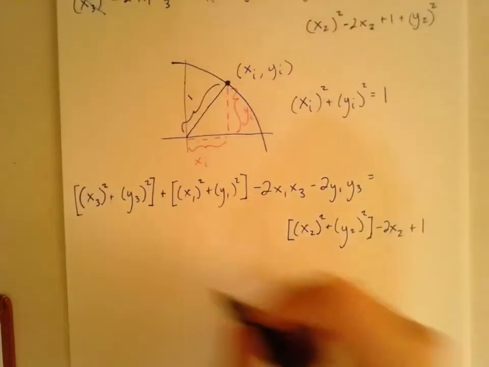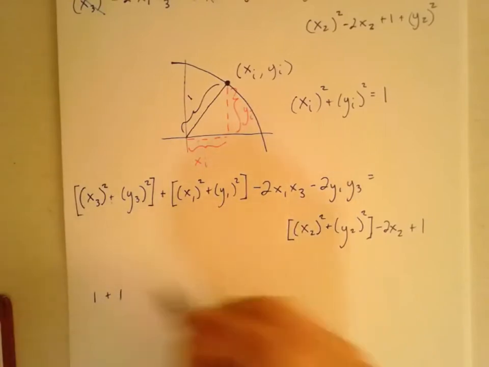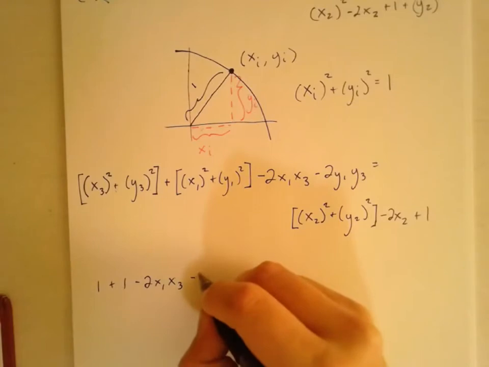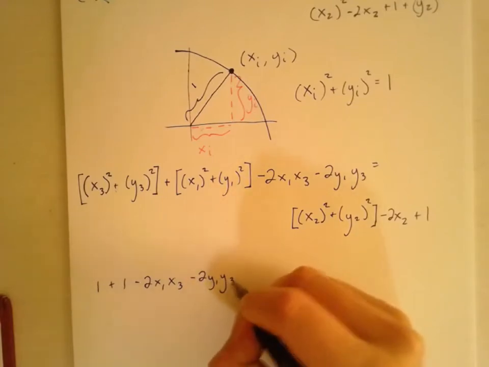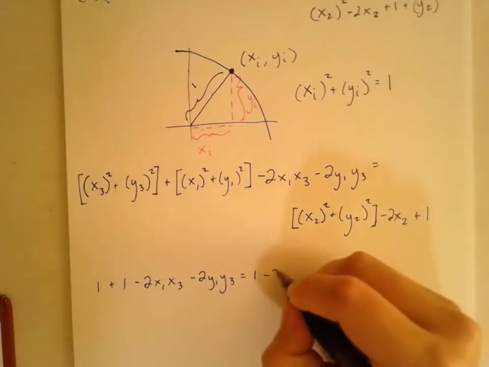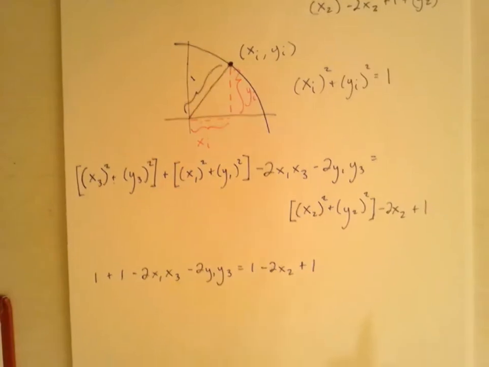So I'm going to do that next. I get a 1 plus a 1 minus 2x1, x3 minus 2y1, y3 equals 1 minus 2x sub 2 plus 1.